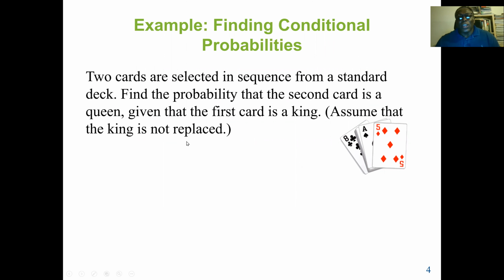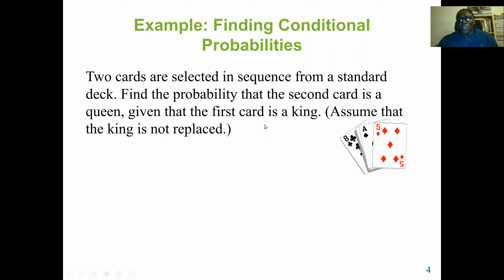Again, this is finding conditional probabilities. Here our question says two cards are selected in sequence from a standard deck. Find the probability that the second card is a queen, given that the first card is a king. So this is a conditional probability. Previously, we studied classical probability, more or less like finding a proportion or relative frequency.